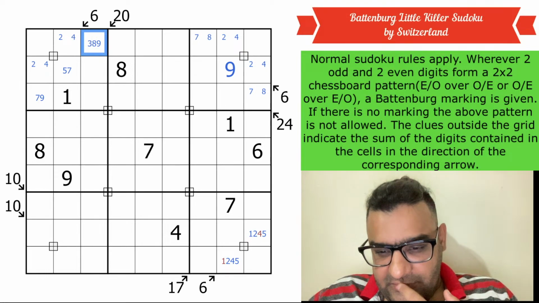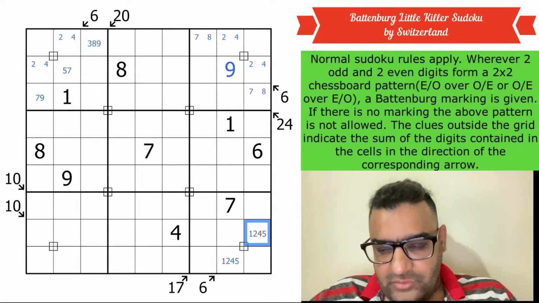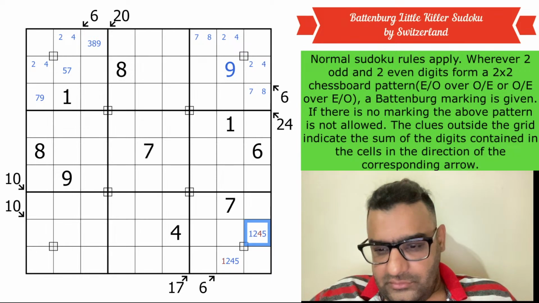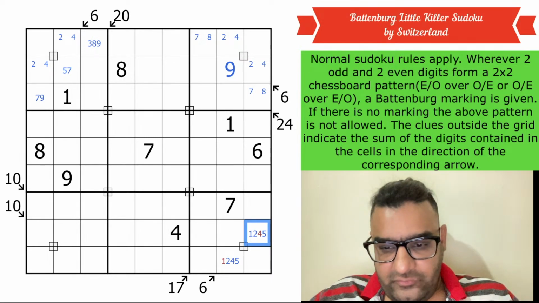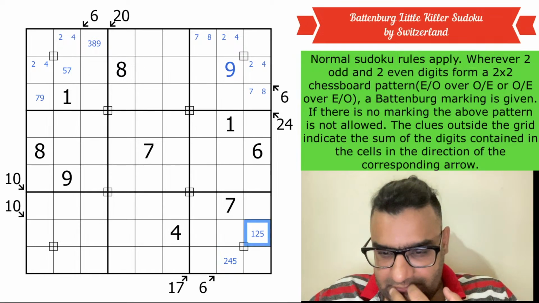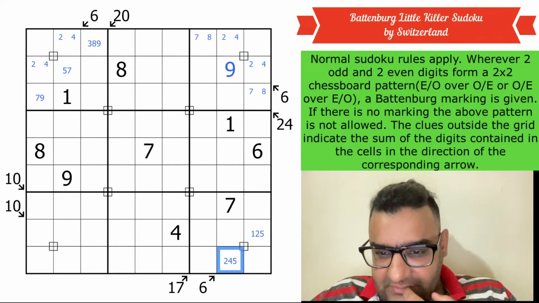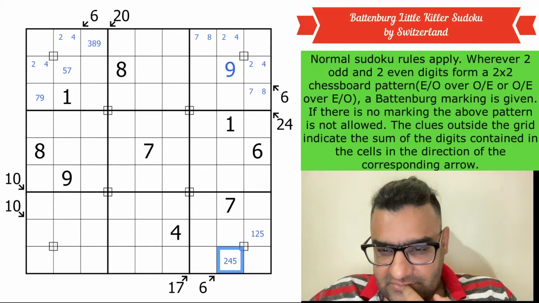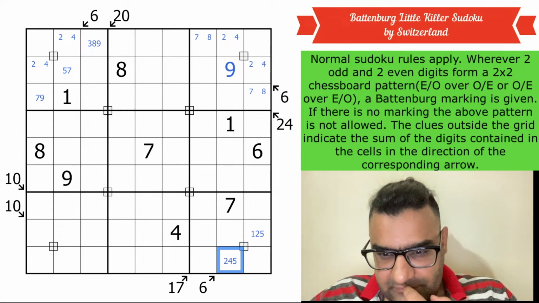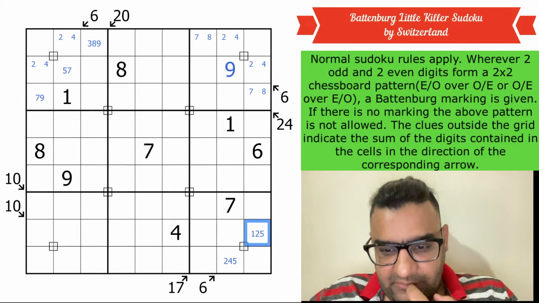1 cannot be here. It means 1 can be here, but 4 cannot be here. So it means we have to remove 4 from here and 1 from here. I can put a 1 here and 5 here.